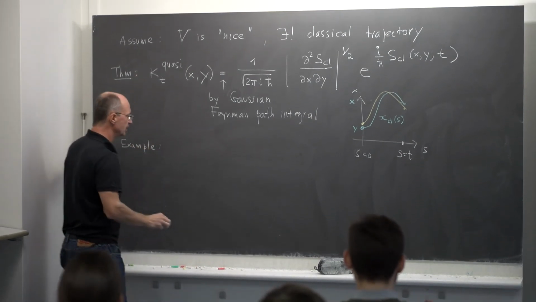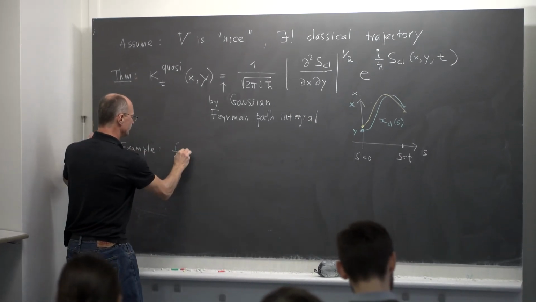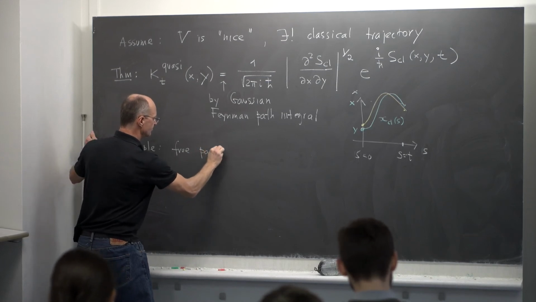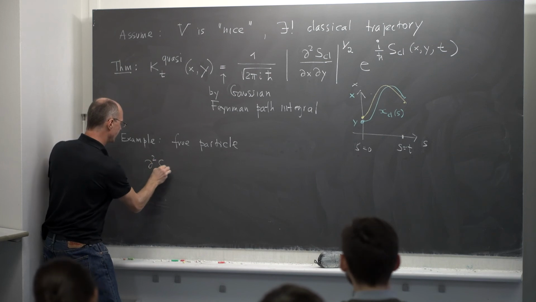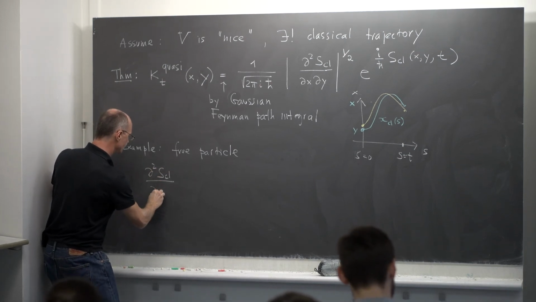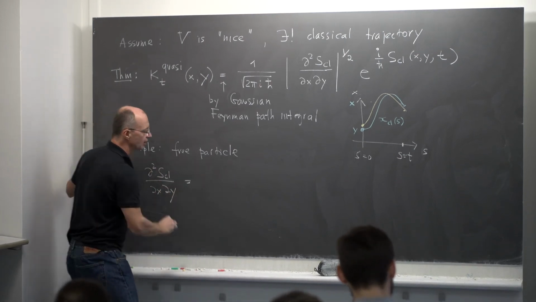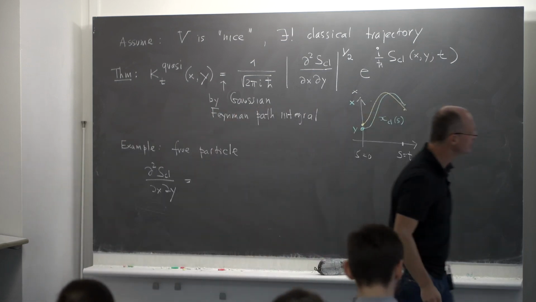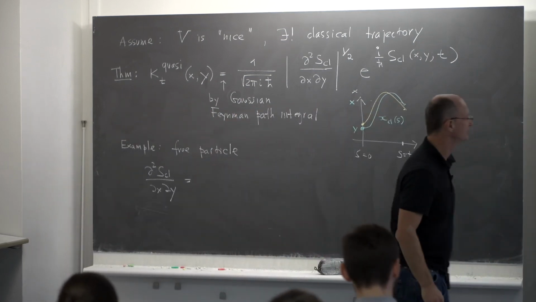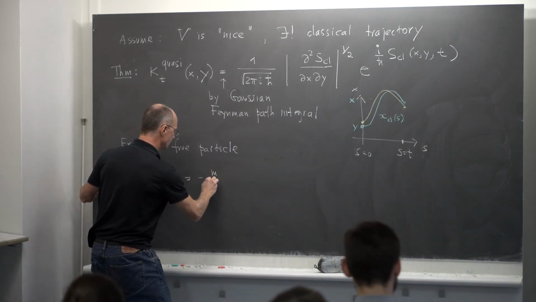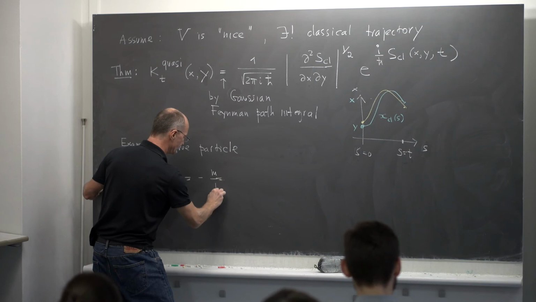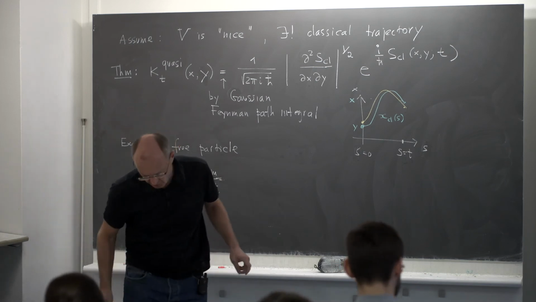Maybe an example, right? So again, for the free particle, d2S classical over dx dy, well, we can compute it, right? So it will be minus m over t, if I'm not mistaken, right?